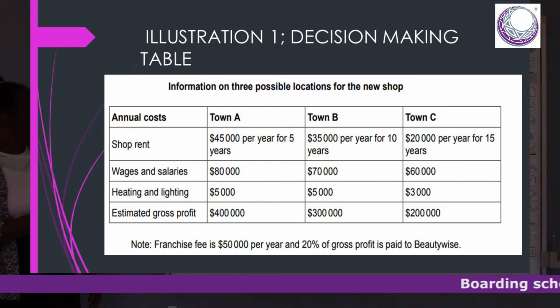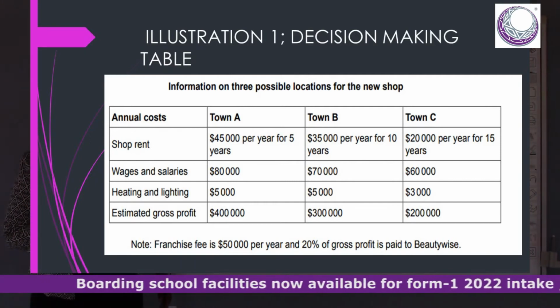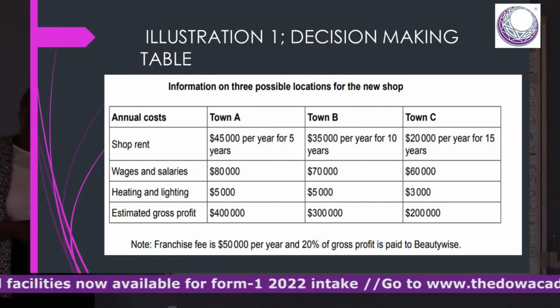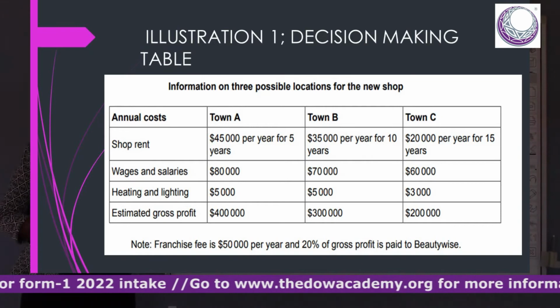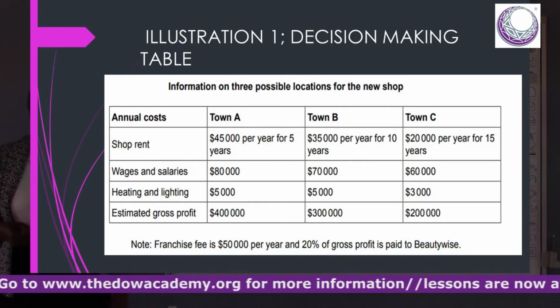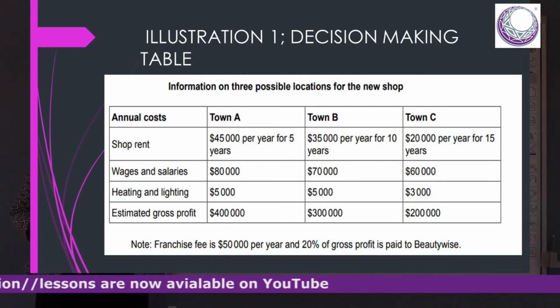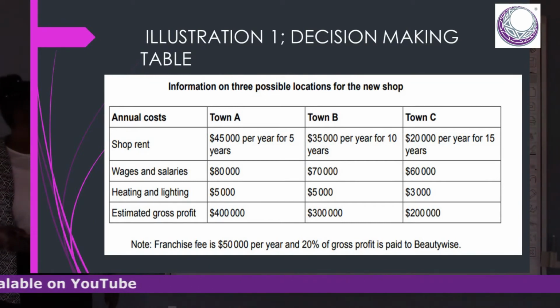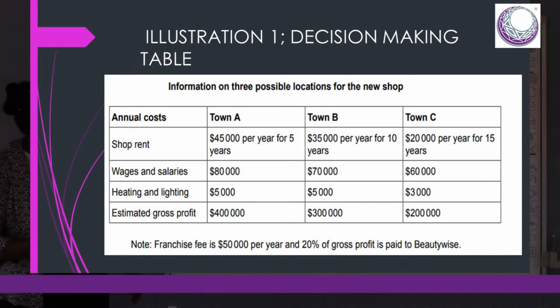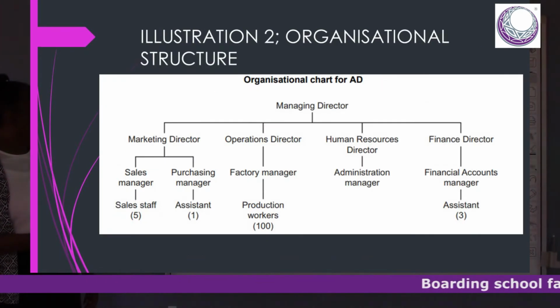So you can add them up and subtract, and eventually you can get net profit for all the businesses. And once you have the net profit, you will be in a better position to compare the businesses, rather than comparing when they have different expenses altogether.